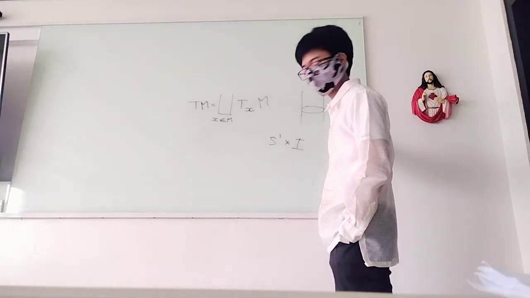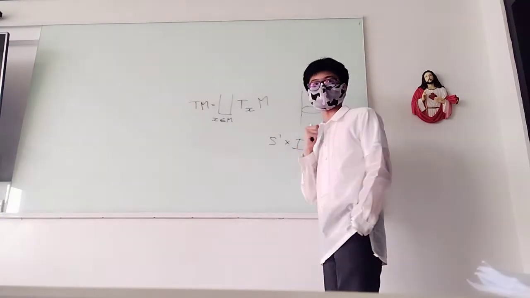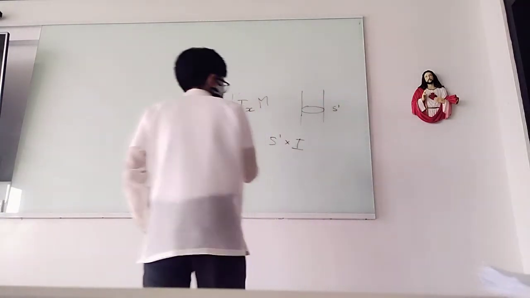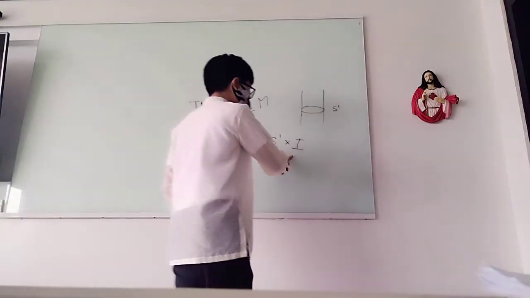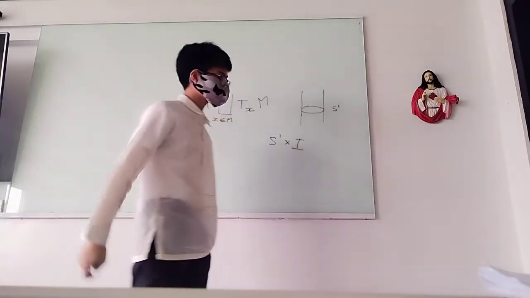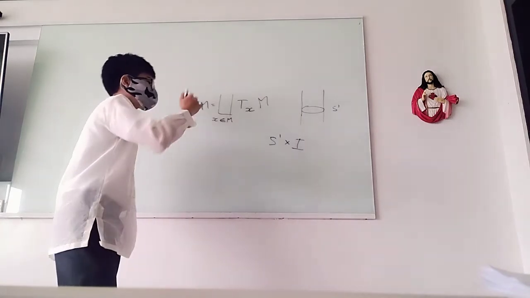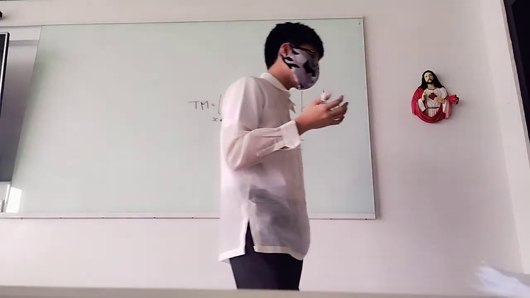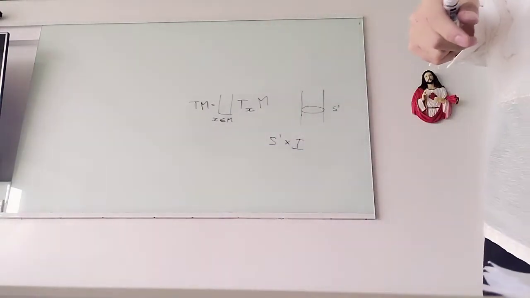So essentially we have a tangent bundle. That's the reason I wanted to connect that, because this is an example of a tangent bundle. And so it's just a disjoint union of every tangent space over M.